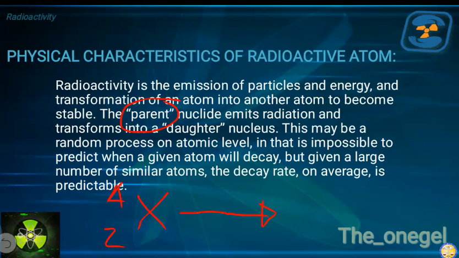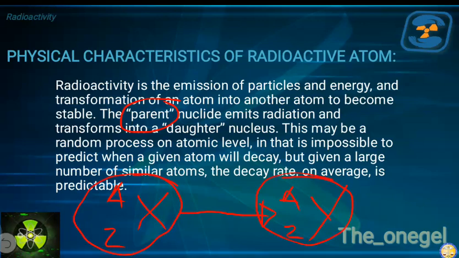So, it converts into another atom to become stable. So, A, Z, so iba na yung element Y. Kaya sabi ko nga kanina, mas maganda if you have your periodic table with you so that we won't be guessing kung ano yung mga element na ipagsasabi natin. Ano? So, again, from here, magiging ganito siya.